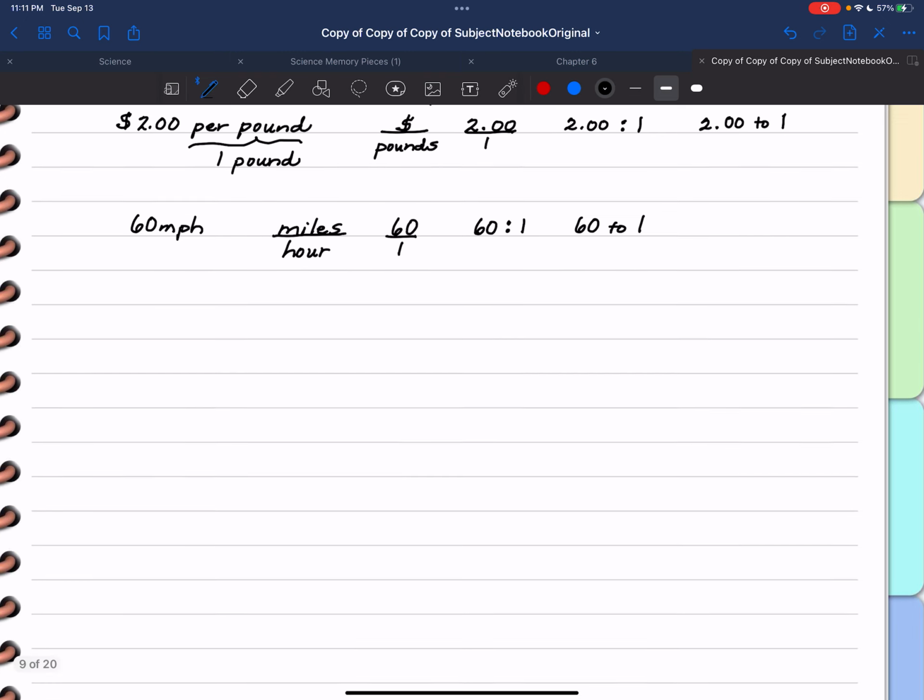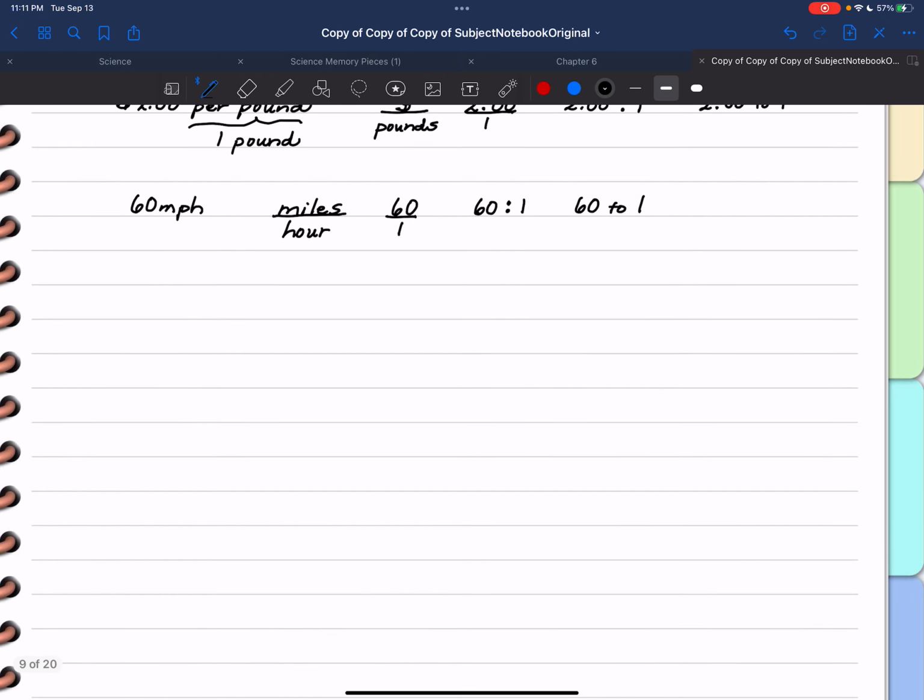And then here's another one. Let's do a typing speed. 120 WPM. Words per minute.